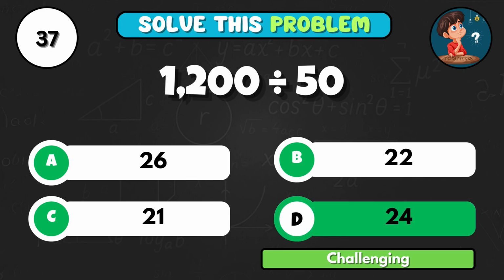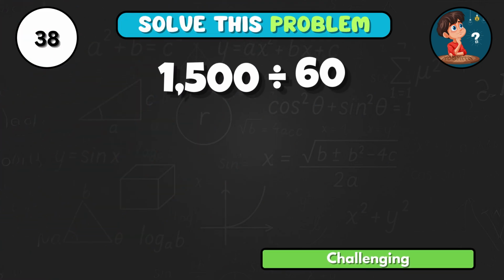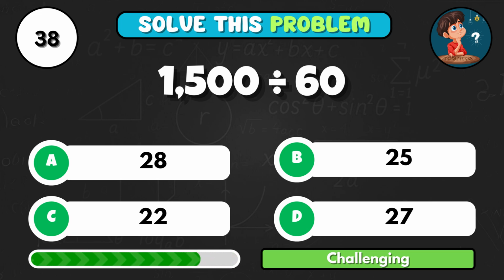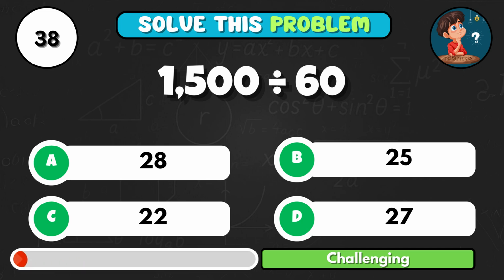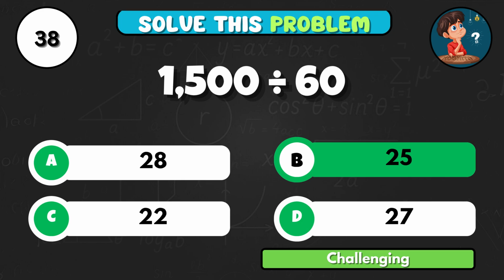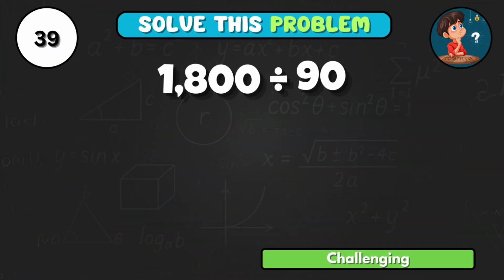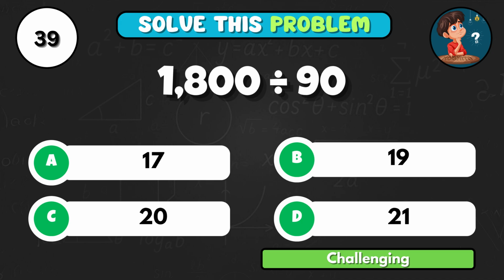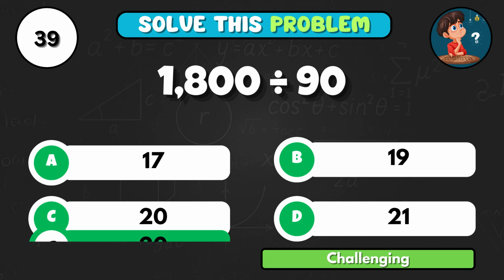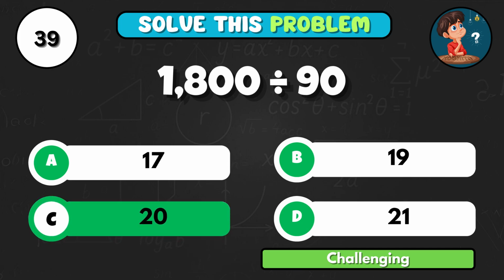That's D, 24. 1,500 divided by 60 equals what? It comes to B, 25. What do you get when 1,800 is divided by 90? That's C, 20.